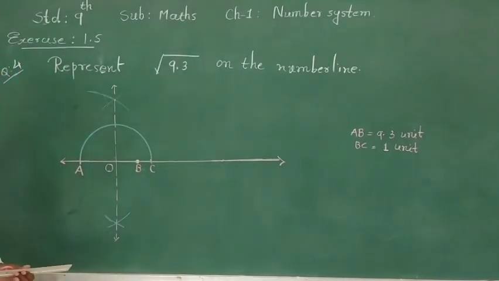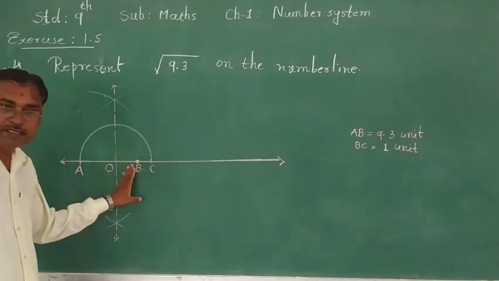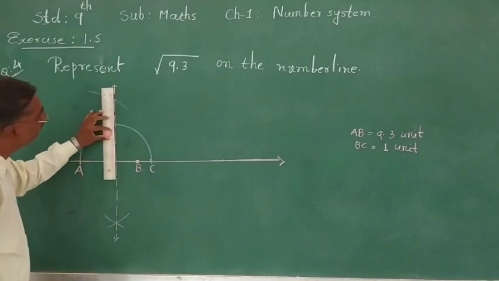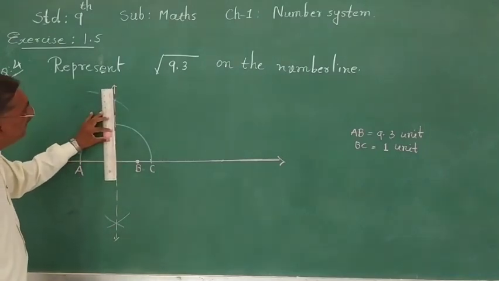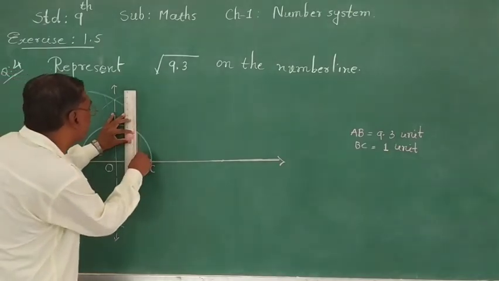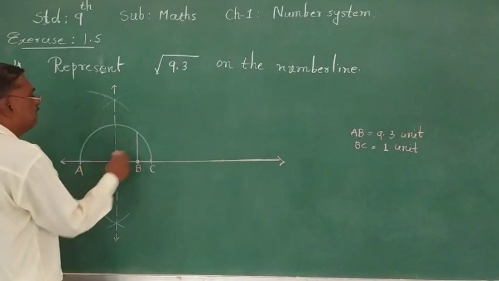Now draw a perpendicular line from B on the semicircle. So put your scale here and stretch in this way. You will obtain it in this way. Okay. So we can write here D.